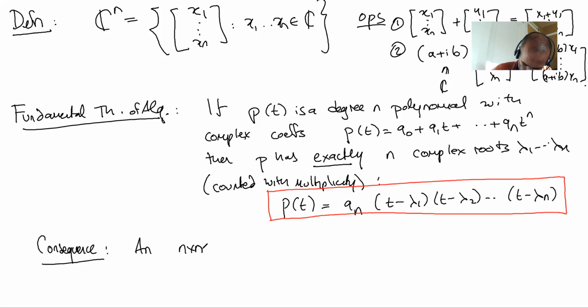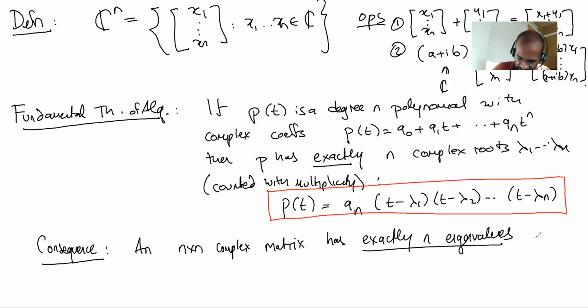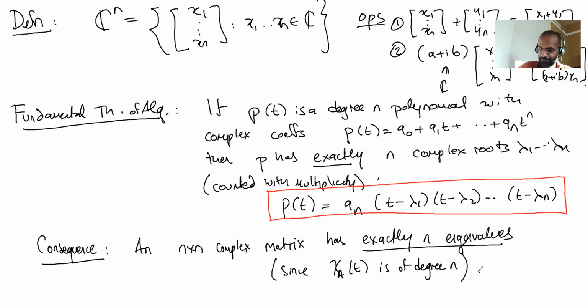An n by n, let's say, real matrix, or it's even true with complex, an n by n complex matrix has exactly n eigenvalues counted with multiplicity, right? Because the characteristic polynomial is of degree n. So let me demonstrate this with an example. But any questions so far?